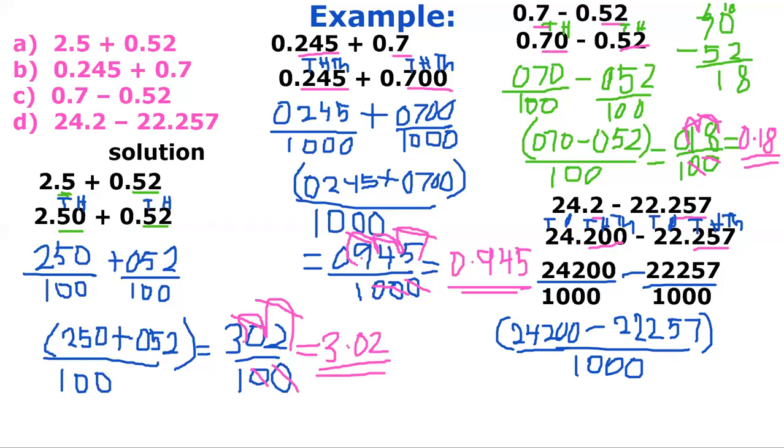It means that 24,200 minus 22,257. Okay, then when you subtract, you get 1,943. Now we have 1,943 over 1,000.